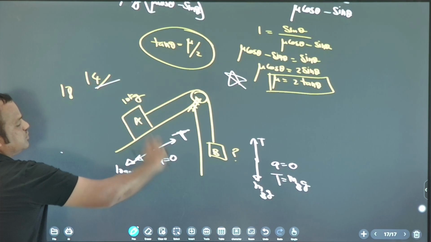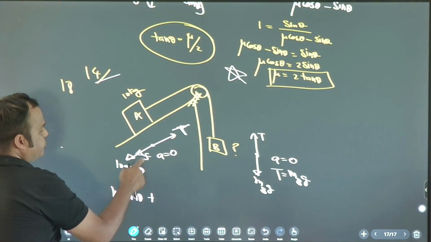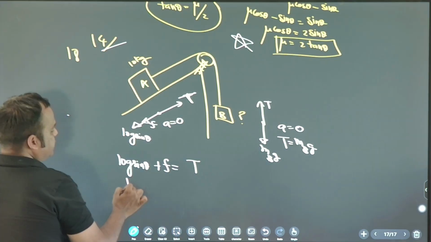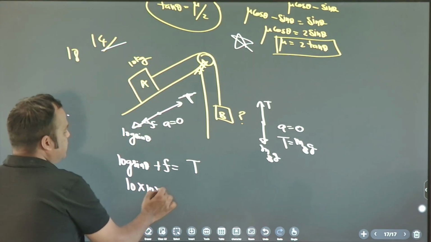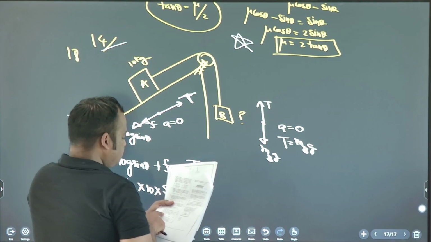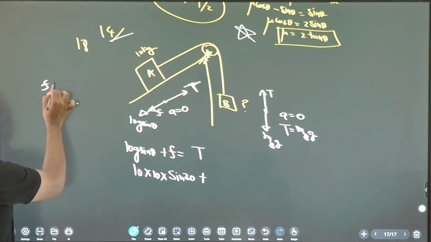So mg sin theta plus F is equal to T. Theta is given, sin 30, plus F. We can calculate F.